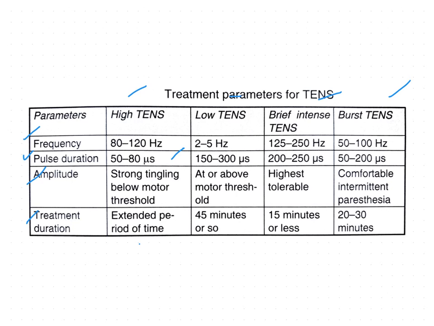If you see the low TENS, the frequency is 2 to 5 Hz, and the pulse duration is 150 to 300 microseconds at or above motor threshold amplitude, and the treatment duration is 45 minutes. For the brief intense TENS, the frequency is 125 to 250 Hz.